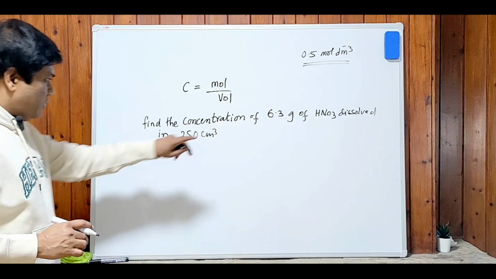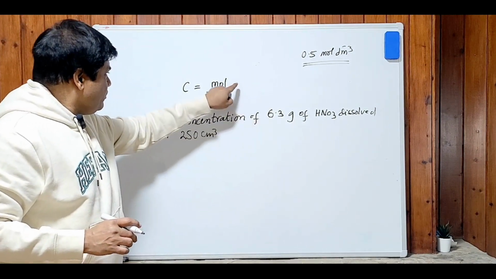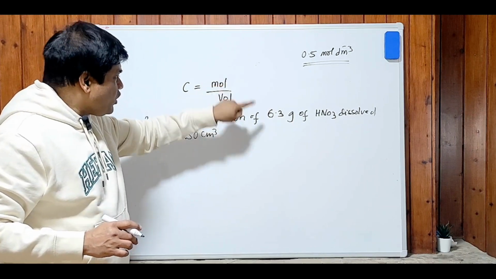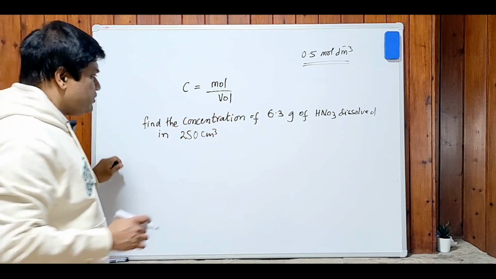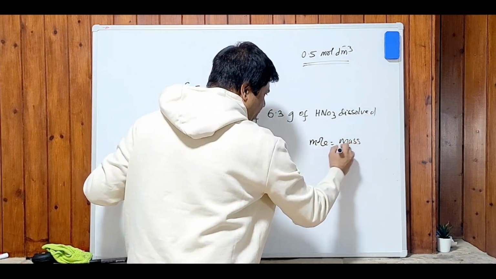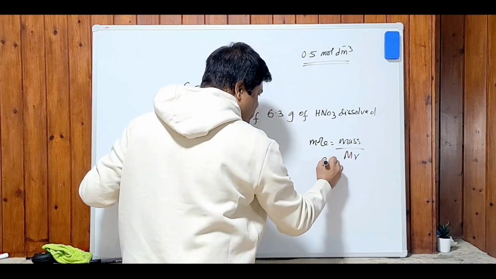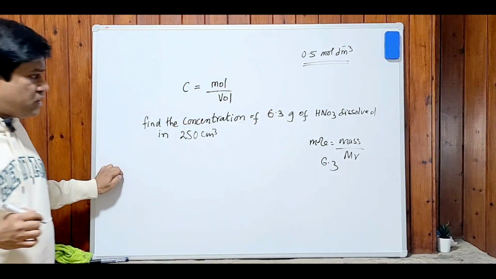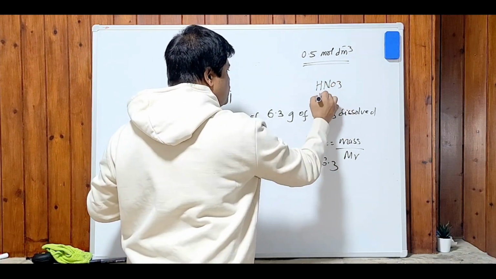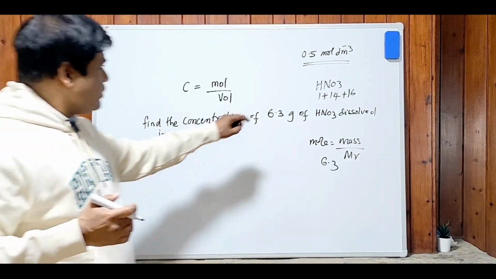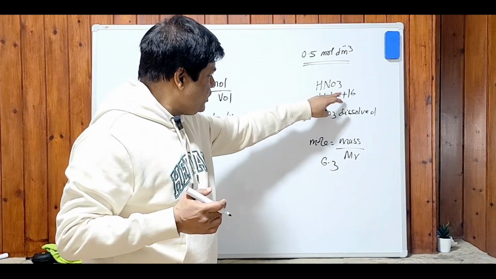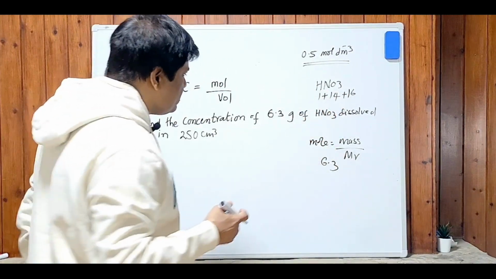Mass is given, but in the formula we have volume and mole. So how can we work out the mole when the mass is given? You know that: mass divided by its Mr. So mass is 6.3 and Mr of HNO3: hydrogen 1, nitrogen 14, oxygen 16 times by 3.